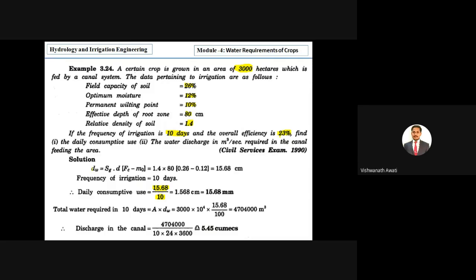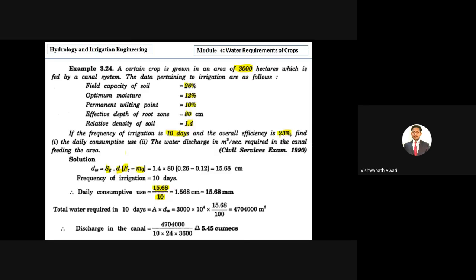So dW equal to SG into D bracket FC minus MO. We know FC is field capacity, and MO is optimum moisture, the lower limit of readily available moisture, right? And D is effective depth of root zone, and SG is relative density of soil.